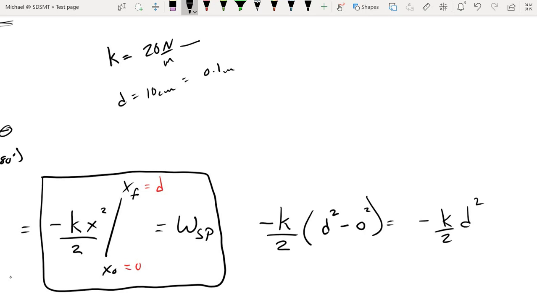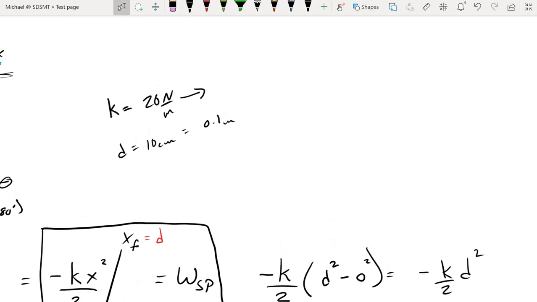It's probably worth mentioning that it's far more common to see the spring constant given in newtons per centimeter, because a lot of the springs we work with are probably not going to be operating over meters of displacement unless you have a really, really big spring. So it is more commonplace that you would see the spring constant given in newtons per centimeter.